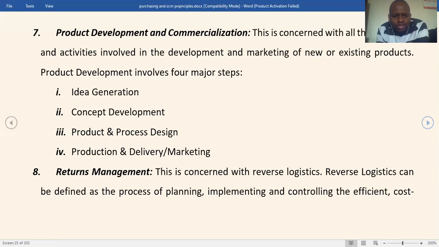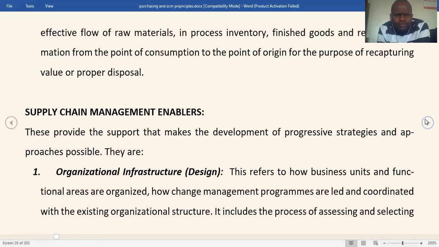And reverse logistics in this sense can be defined as the process of planning, implementing and controlling the efficient and cost-effective flow of raw materials, in-process inventory, finished goods, and related information from the point of consumption to the point of origin for the purposes of disposal or for the purposes of recuperating value from the products.